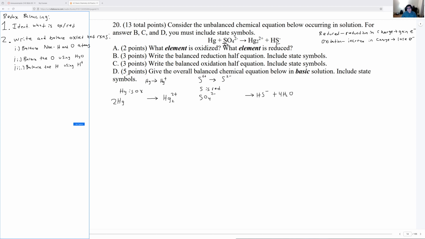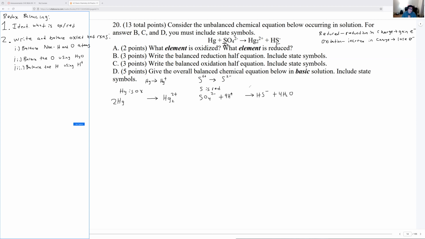So on the left with mercury, there's no hydrogens. That's Hg bundled up. And then on the right, for sulfur, there are hydrogens on the product side, right? In the reduction half reaction so far, I have 9 hydrogens. So I need 9 hydrogens on the left.